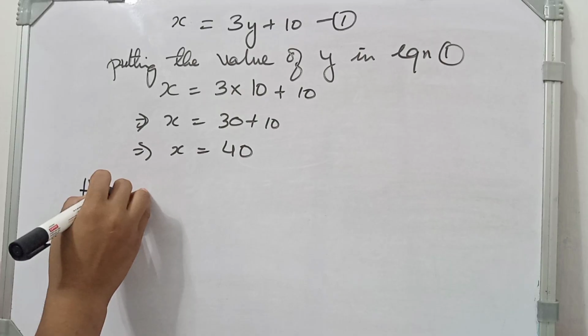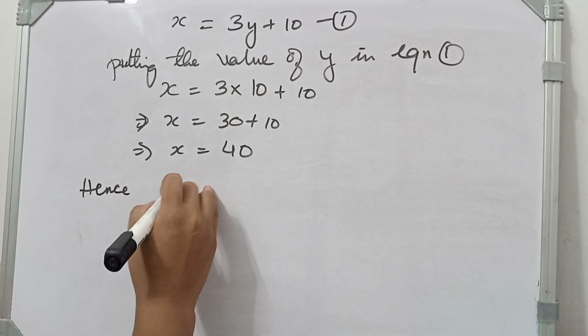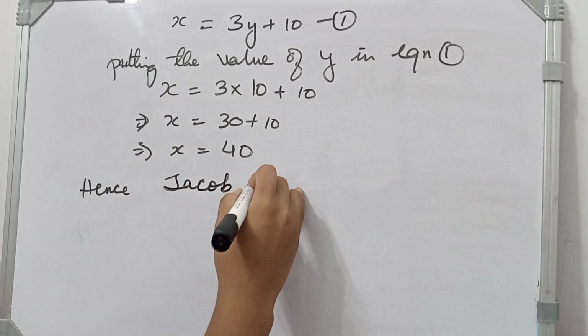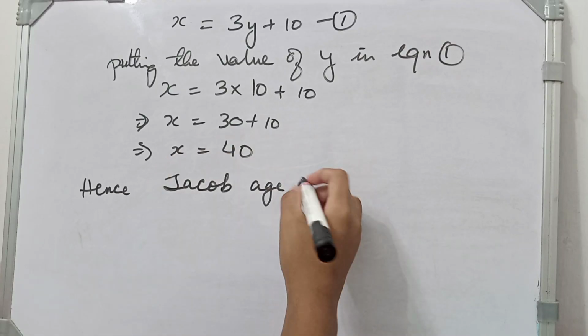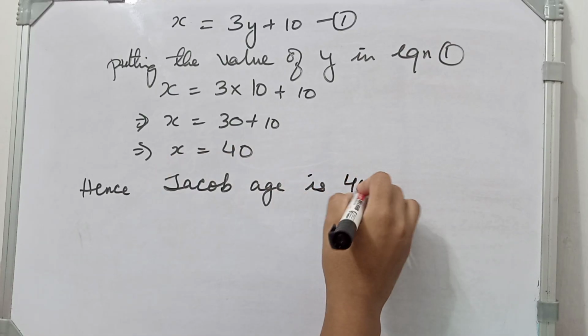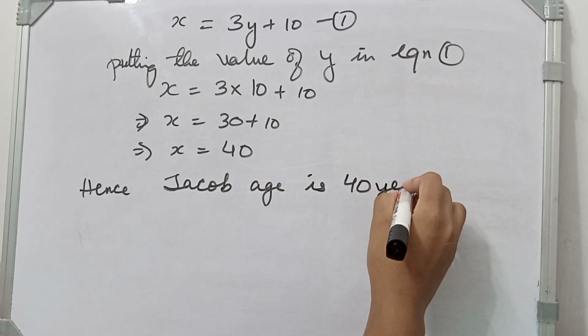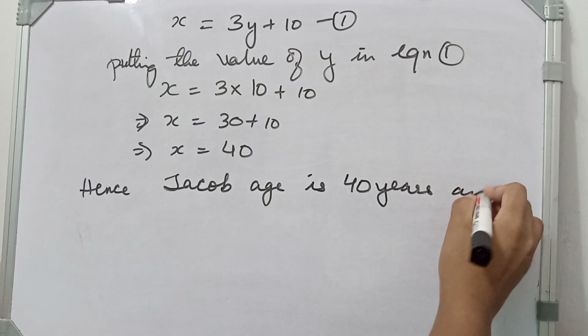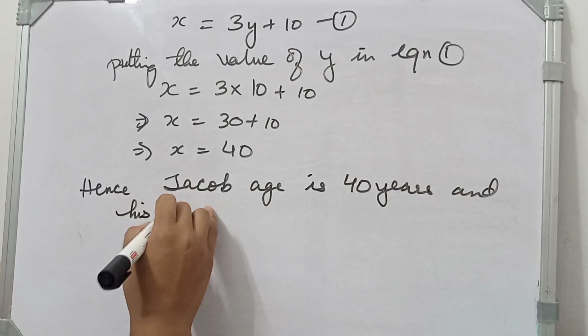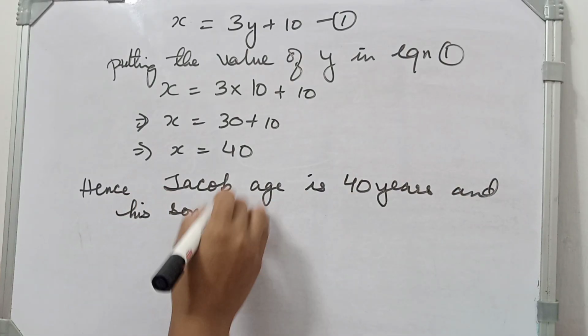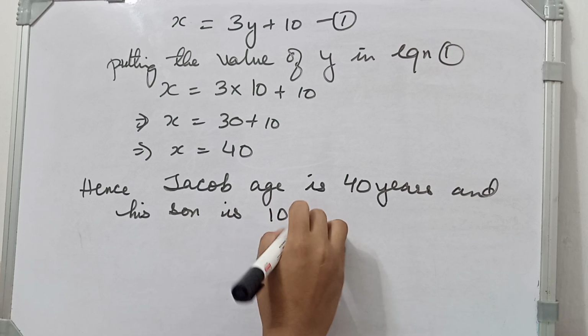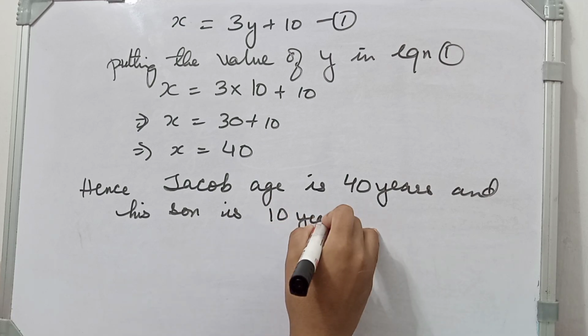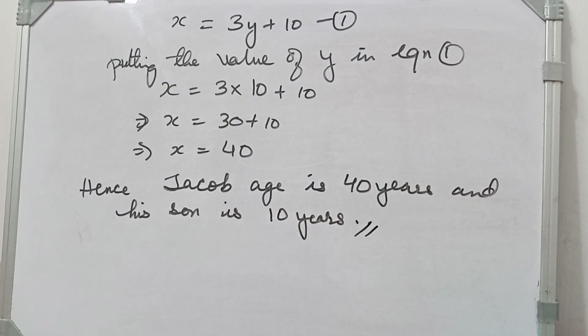Hence, Jacob's age x is 40 years, and his son's age y is 10 years. Okay, that is the answer. Then see you in the next video.